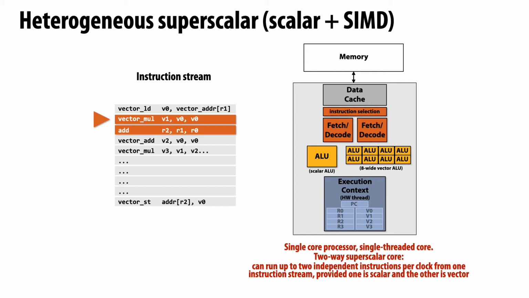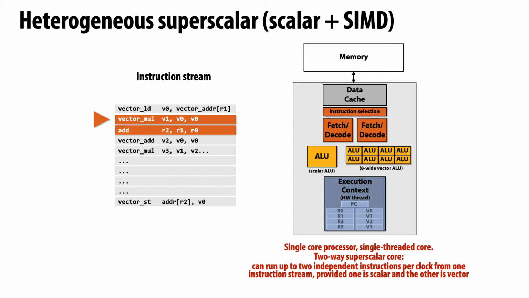So this processor can run 2 instructions per clock if the instruction stream that it's running happens to have the right mixture of instructions, one vector operation and one scalar. And if you look at the program on the left, that is in fact the case. So 2 instructions are highlighted, one's a vector op and one's a scalar. Now this is still a single threaded core. All of this is happening within the context of a single thread.